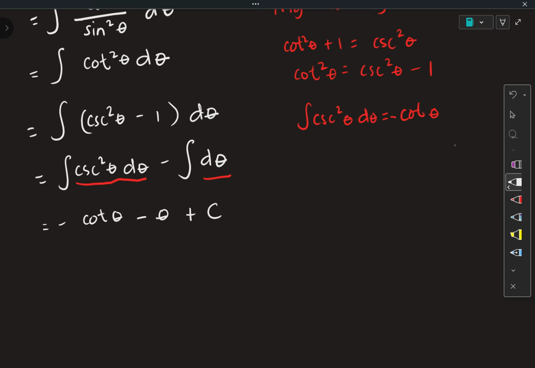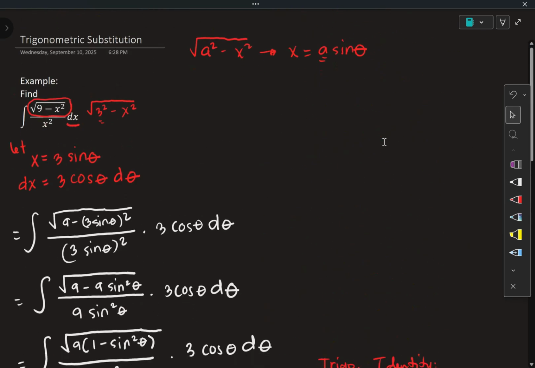However, this is not yet the final answer, because our given is in terms of x.